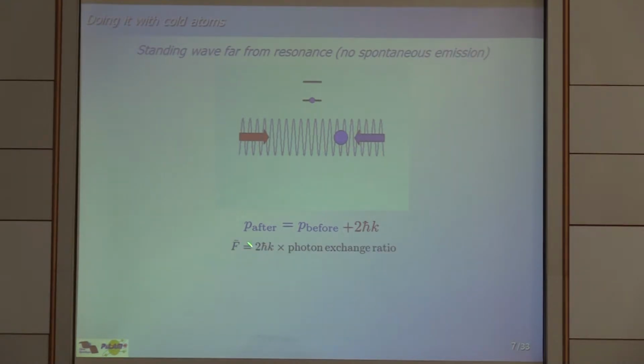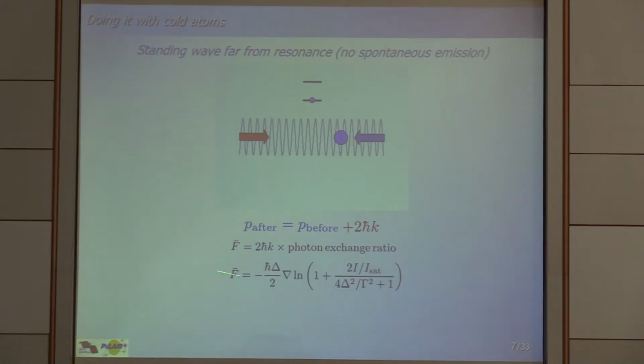If you want to write this as an average force, this average force will be just this momentum exchange times the photon exchange rate that you can easily calculate for a 2-level atom, for example. And this gives you a force that has this form. It's the gradient of a function.